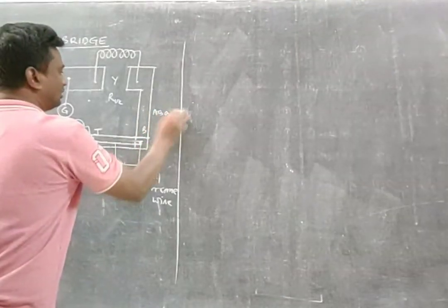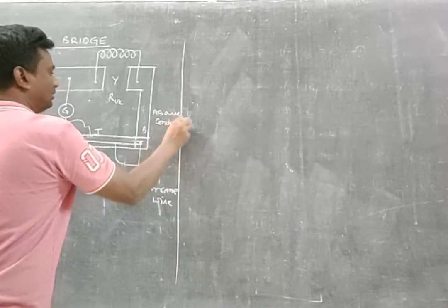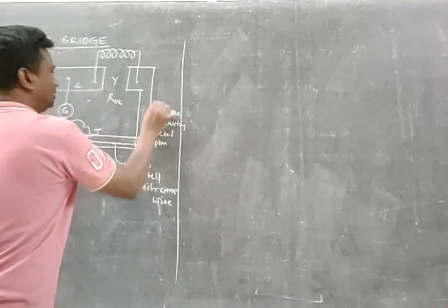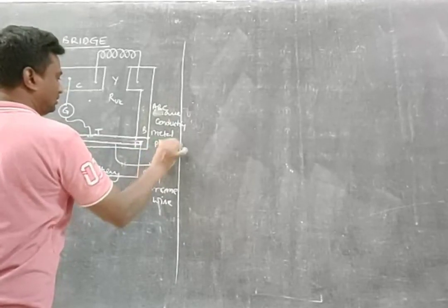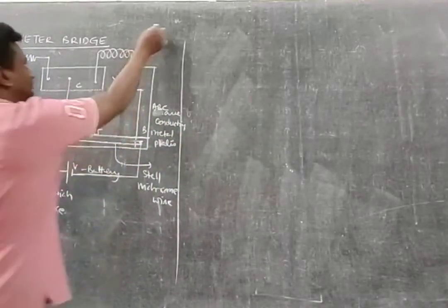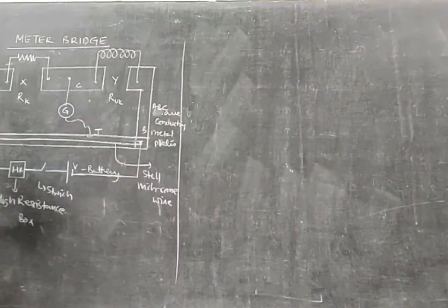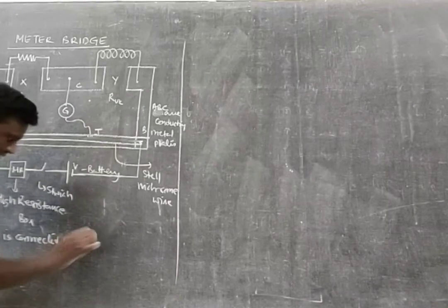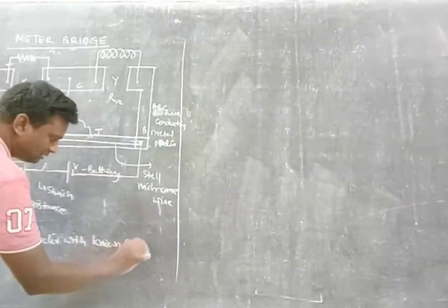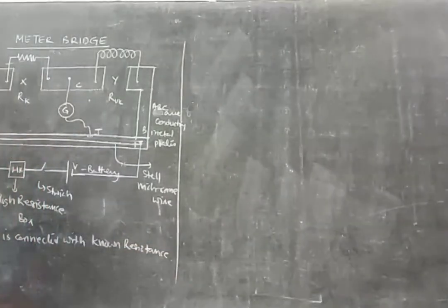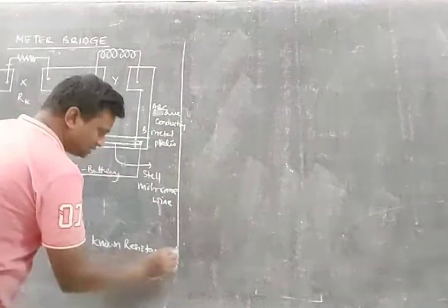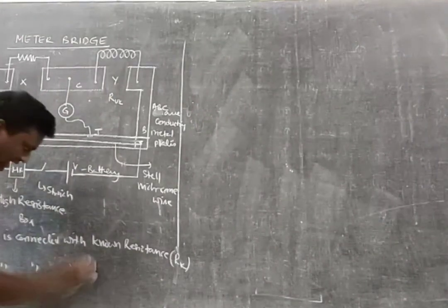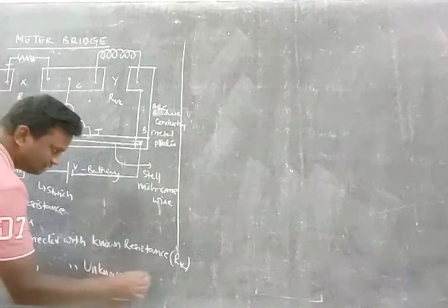A and B are conducting metal plates. The X gap is connected with a known resistance RK, and the Y gap is connected with the unknown resistance RU.